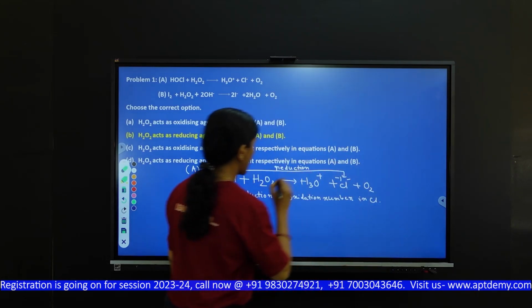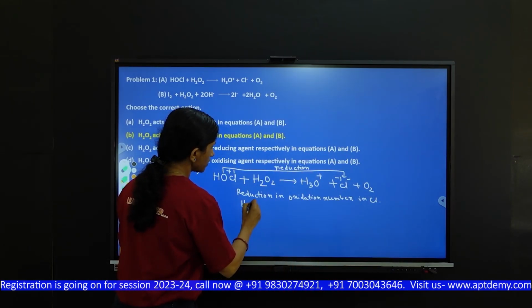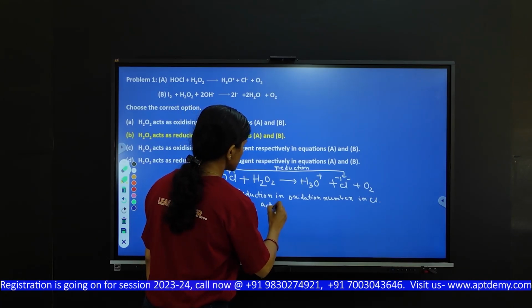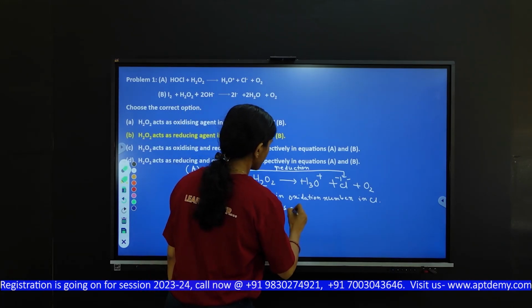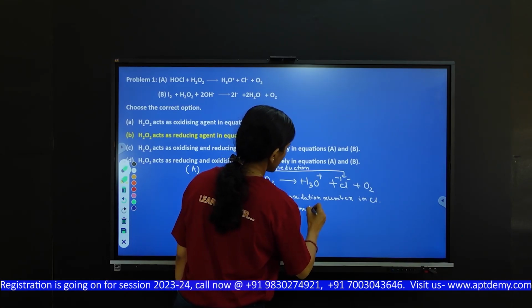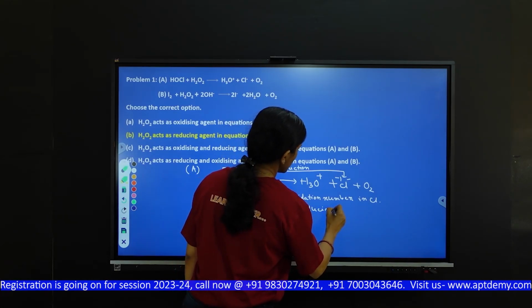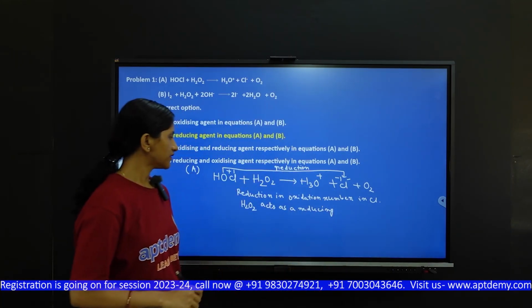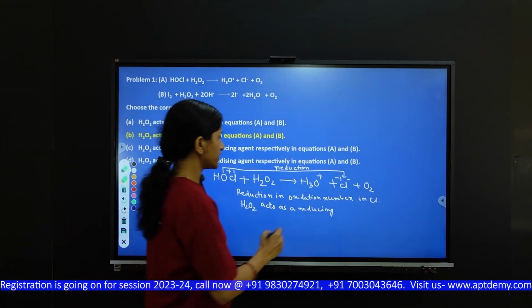That's why we can say that H2O2 in this equation acts as a reducing agent.